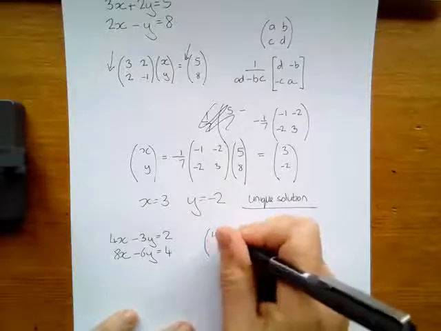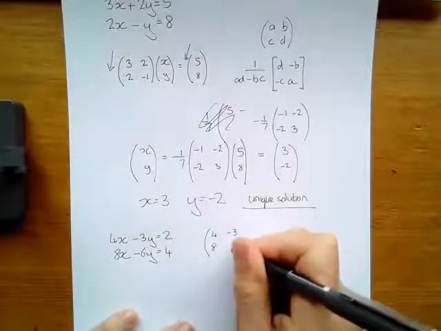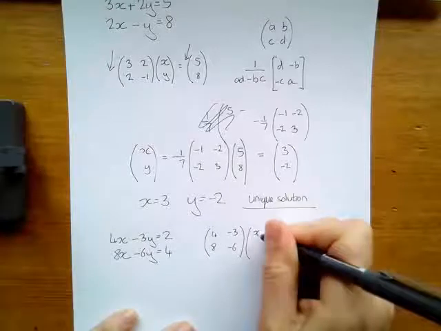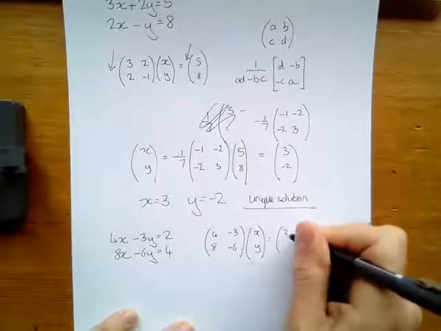If I turn it into the matrix form, 4 minus 3, 8 minus 6, x, y equals 2, 4.